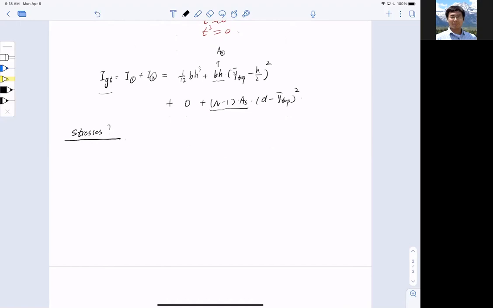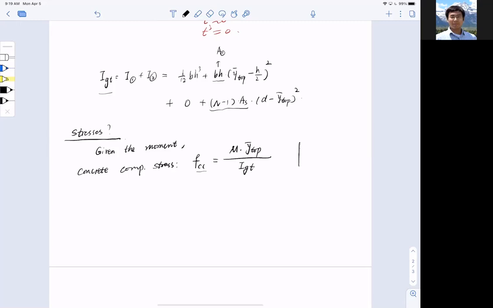So given the moment, we know that the concrete compressive stress FCC is equal to the moment M multiplied by y bar top, divided by the moment of inertia IGT. And that is the stress.